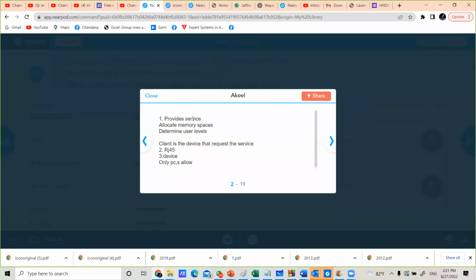The question asks about the difference between the server and client, not the services. Right? The server computer provides the service, and the client computer receives the service. That's the main difference.